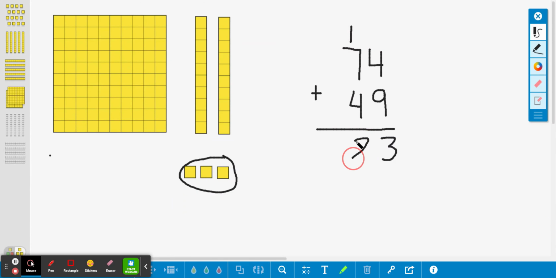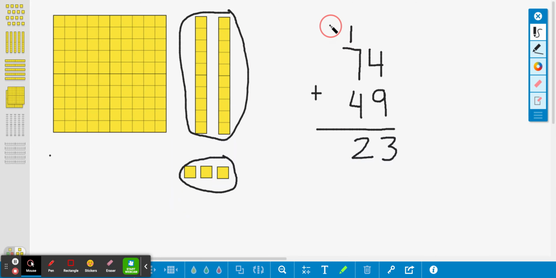There's my 2 tens, and I'm just going to circle them so I remember. And now I have 100, because remember, 7 plus 4 plus 1 was 12. So that gave me 10 extra tens to make this new 100 here. That gives me 123. So my answer to 74 plus 49 is 123.